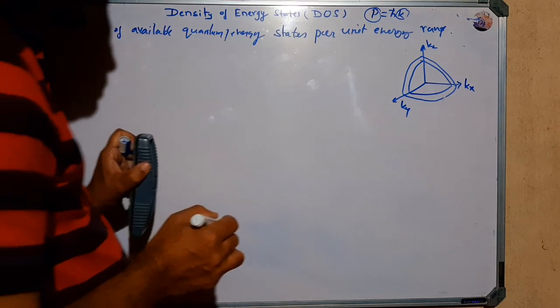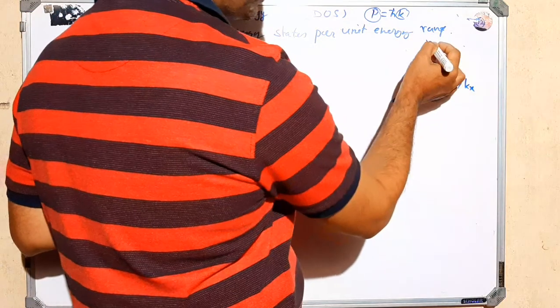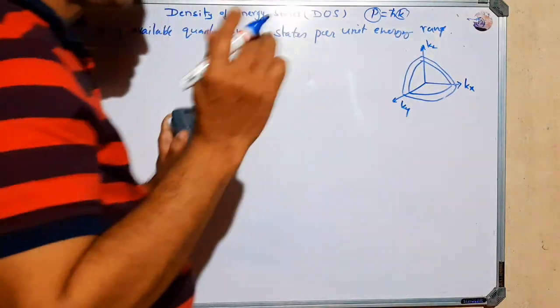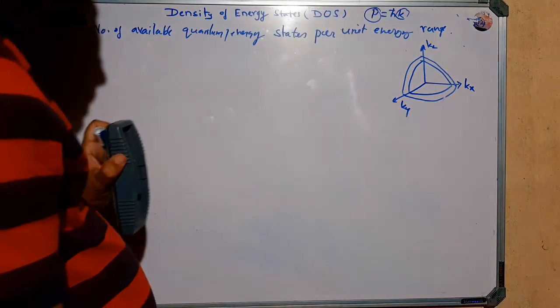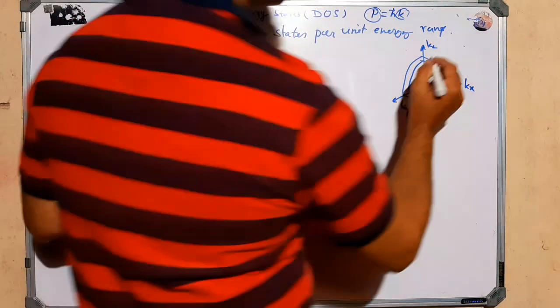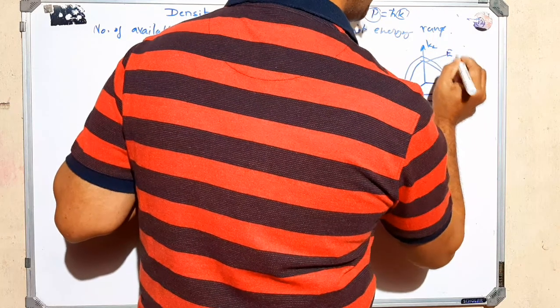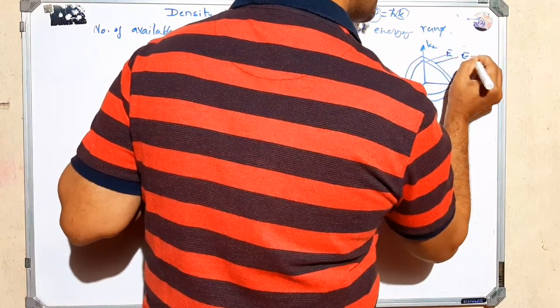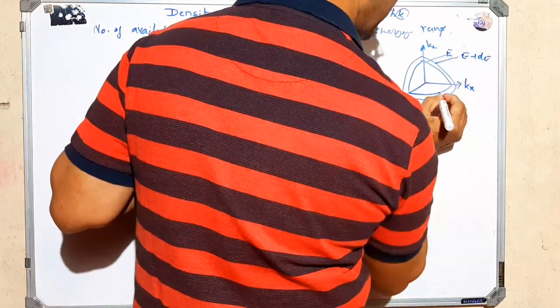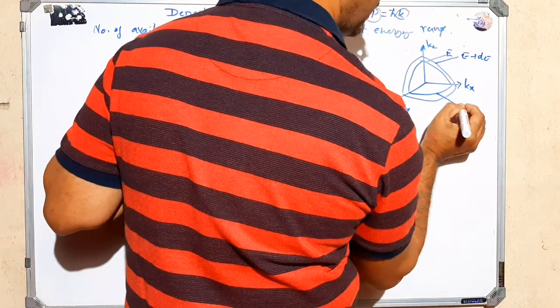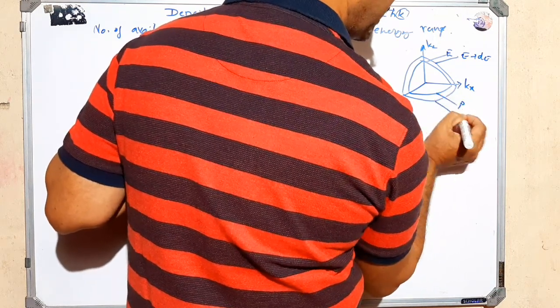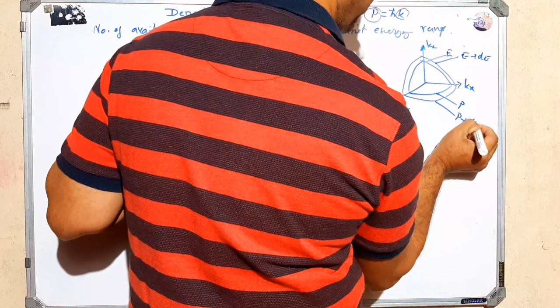So it is Px, Py, Pz, because they are directly proportional. So if this is E, this is E plus dE. In the momentum space, if the momentum of the electron is here P, here it is P plus dP.